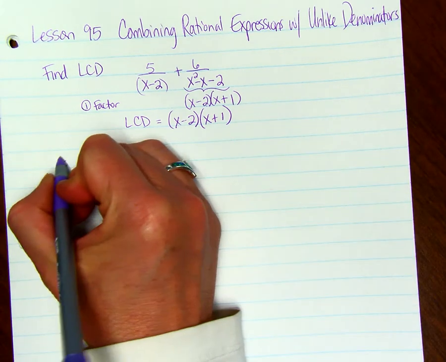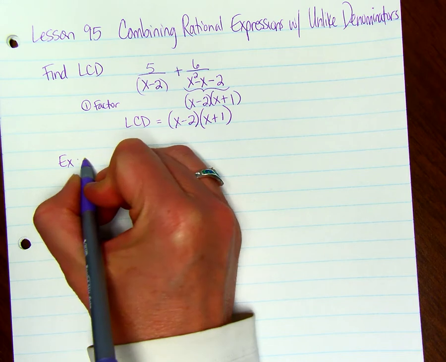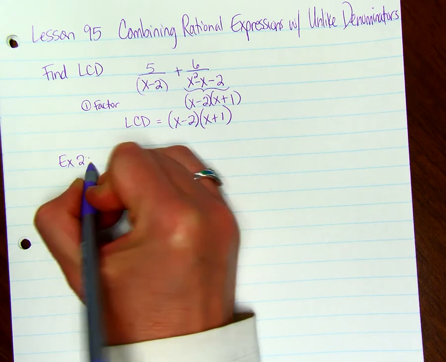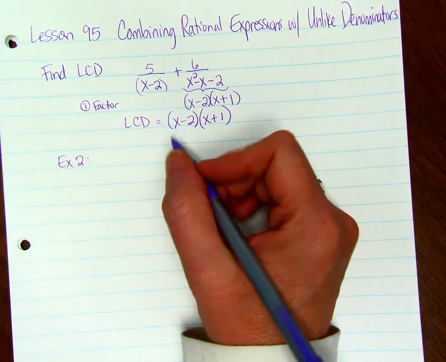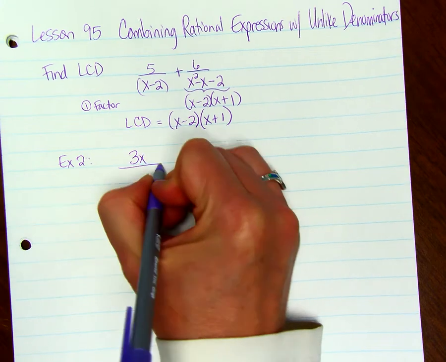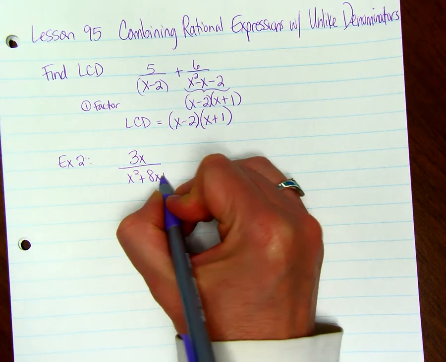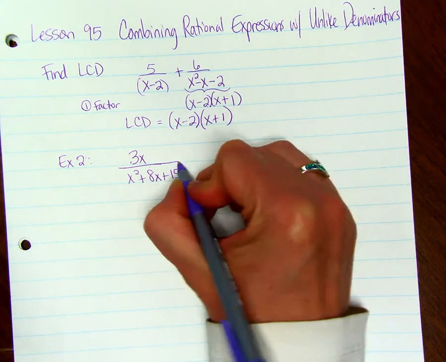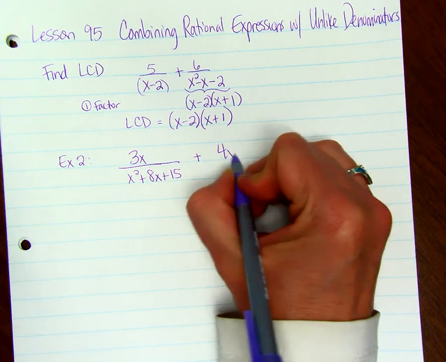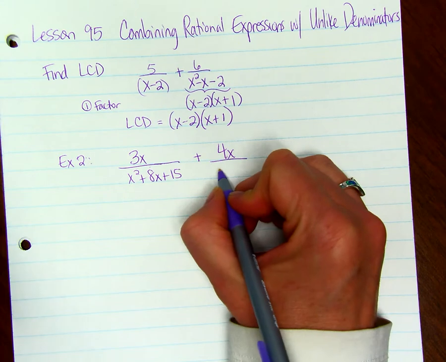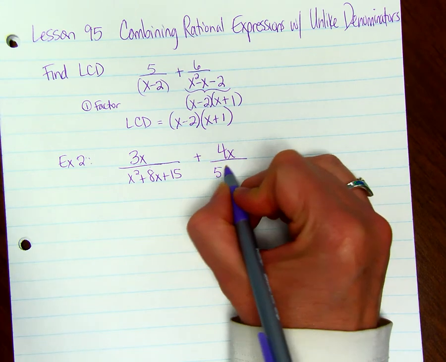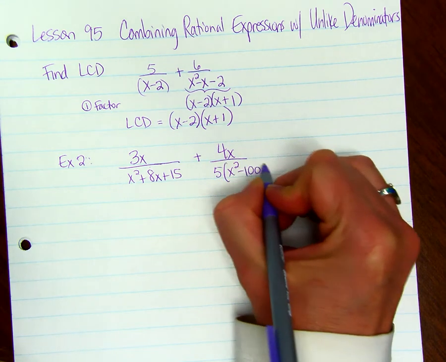Example 2, find the least common denominator. So we have 3x divided by x squared plus 8x plus 15, plus 4x divided by 5 times (x squared minus 100).